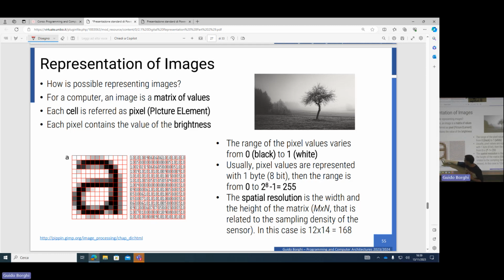So for example, here we have a gray, and this element is 0.6. Here is 0.5, and so on. Here we have 0.9, and so on. So we have different shades of gray, and then we can map this level to numbers.